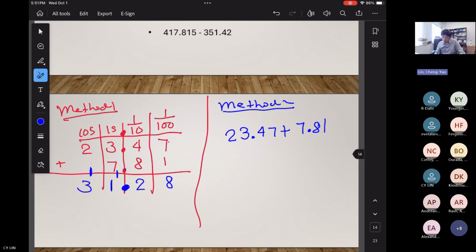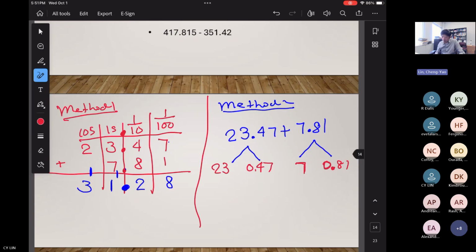So we can decompose the whole number and the decimal. We have 23 and 0.47, and then 7 is a whole number and the decimal goes with the decimal.